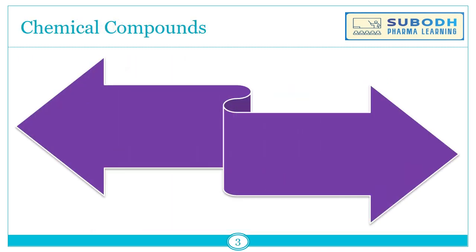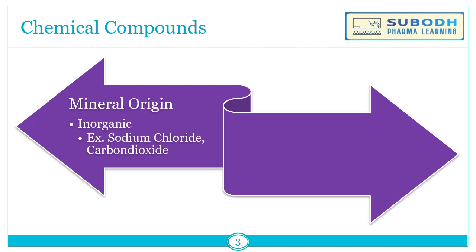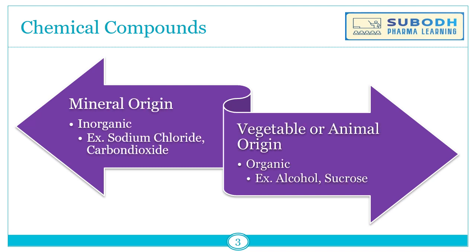As we all know, there are two main classes of chemical compounds, inorganic and organic. These compounds were classified on the basis of sources from which they were derived.